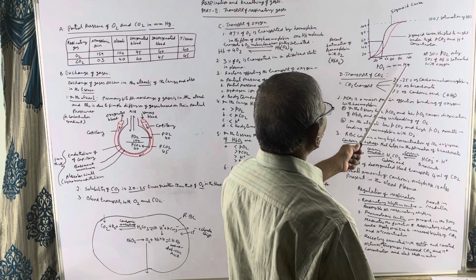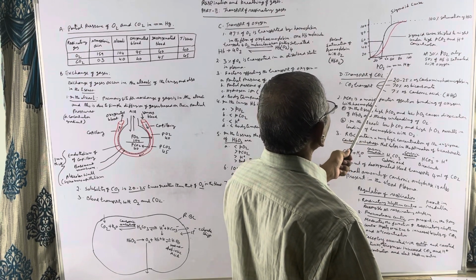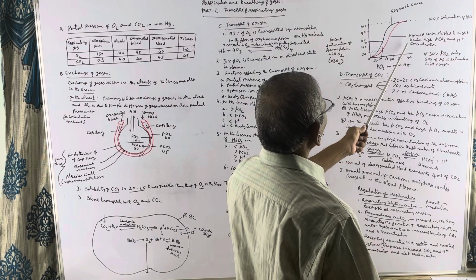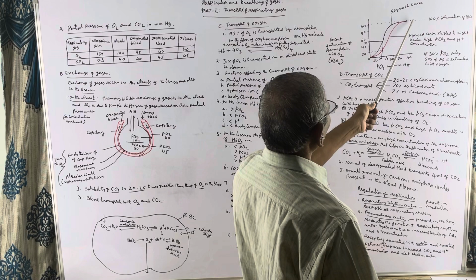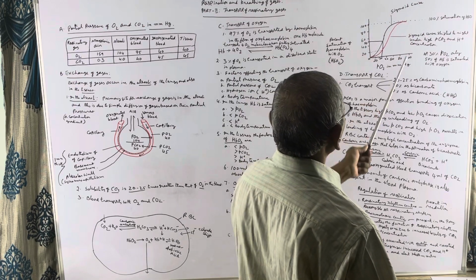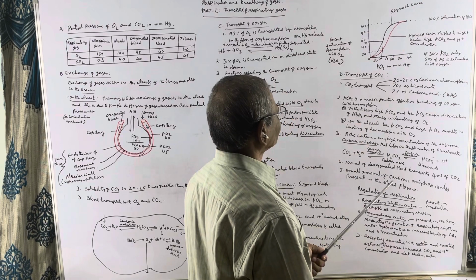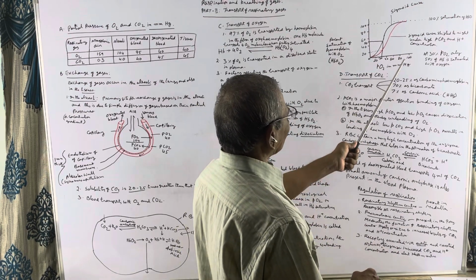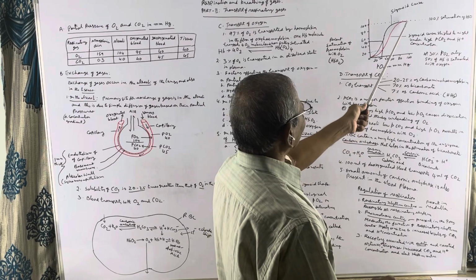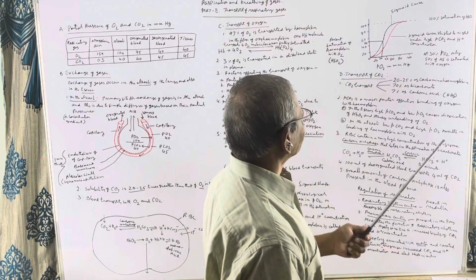At 100 mmHg of PO2, hemoglobin is fully saturated. 100% of hemoglobin is saturated with oxygen. It happens in the alveoli. Then, in the alveoli, 100% of hemoglobin is saturated with oxygen.